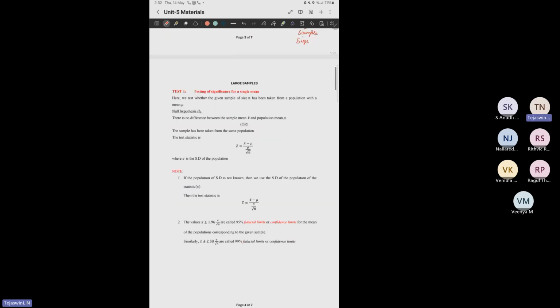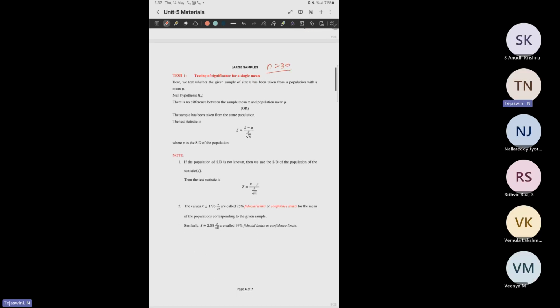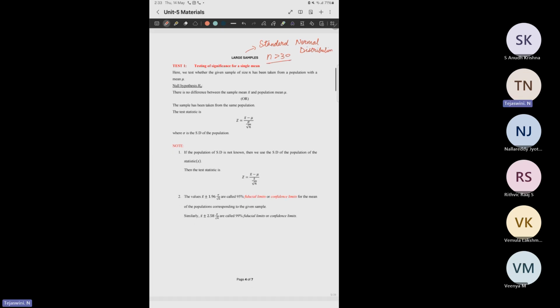Now a large sample means n is greater than 30. How to test? For a large sample, we use the standard normal distribution that we learned in unit 3. This is the formula for finding the value of z to test accordingly.